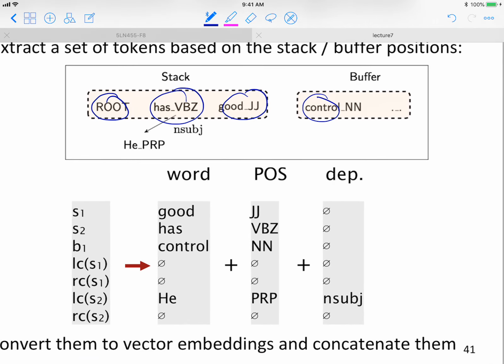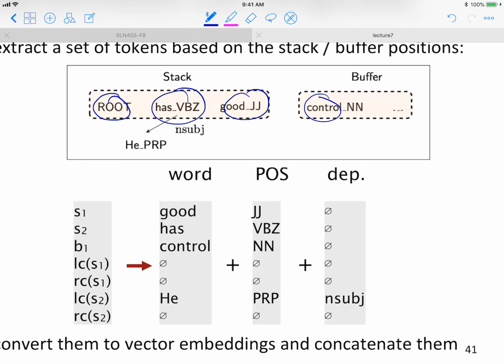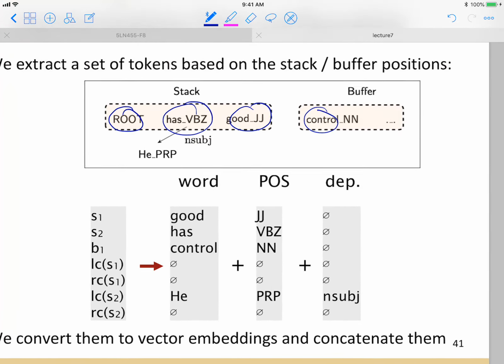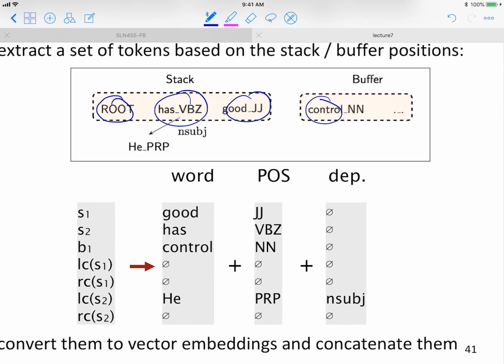So we first describe the keyword placed in the topmost position, the second most, until we hit the root node, which is a dummy node in our stack, and then the buffer keyword in this case.